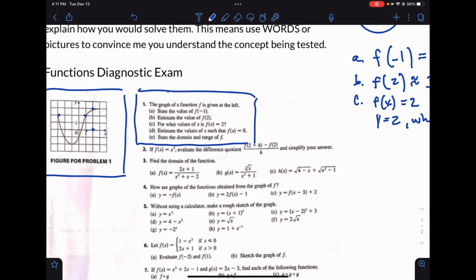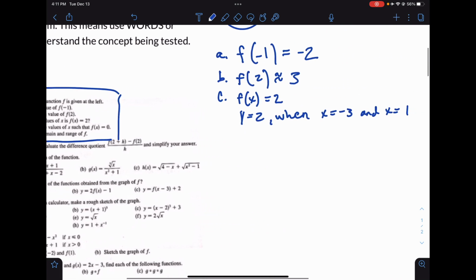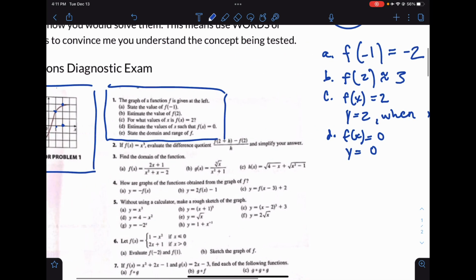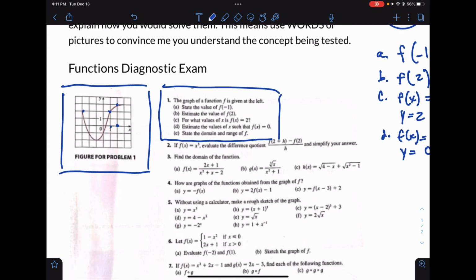D, estimate the values of x such that f of x is equal to 0. So when f of x is equal to 0, that is the same as saying y is equal to 0. What are the values of x? So when y is 0, I'm going to delete those other points. When y is 0, we're looking at the x-axis here.